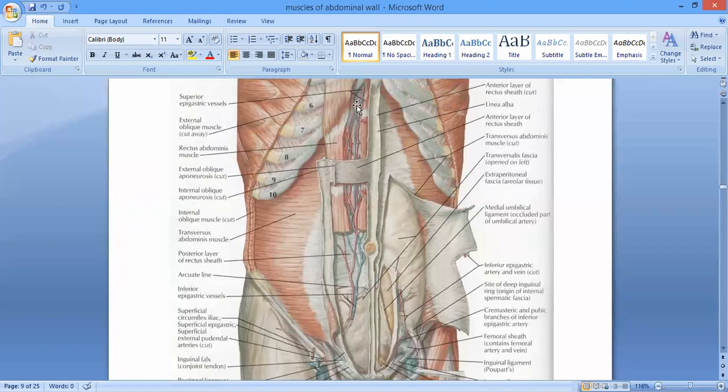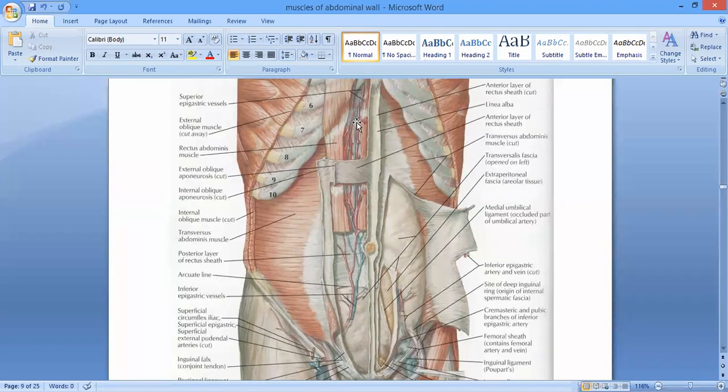And then we have got these vessels. These are the superior epigastric vessels. The superior epigastric artery is a branch of, who will tell? The internal thoracic artery. So it is one of the terminal branches of the internal thoracic artery, right? So it is going to enter from here, through a gap within the costal origin of the diaphragm.